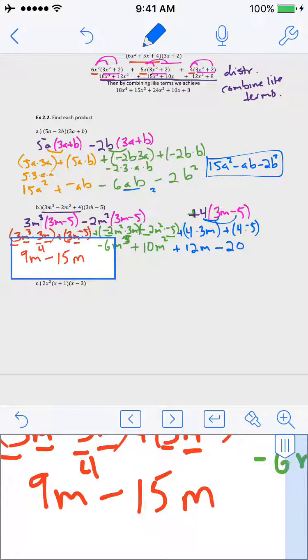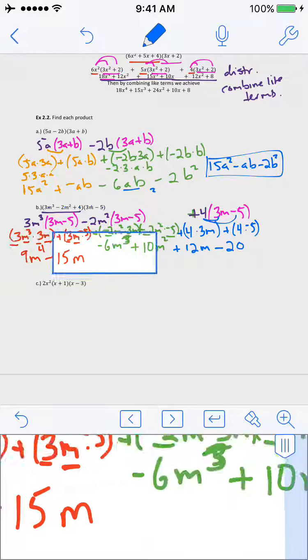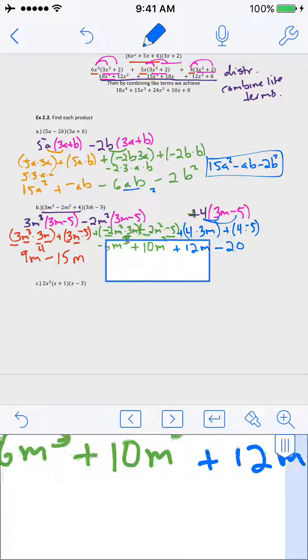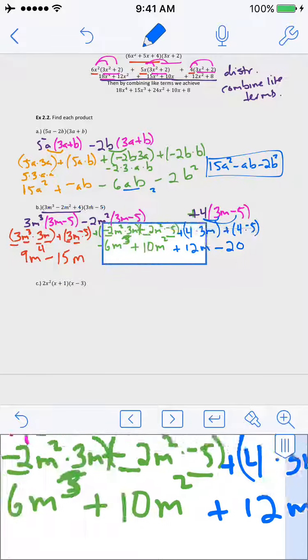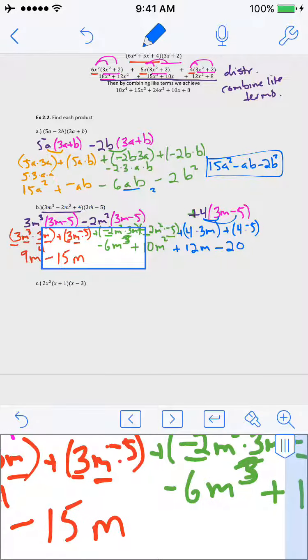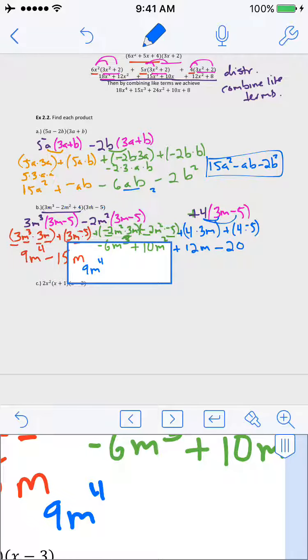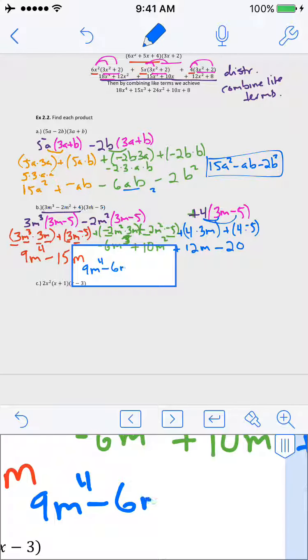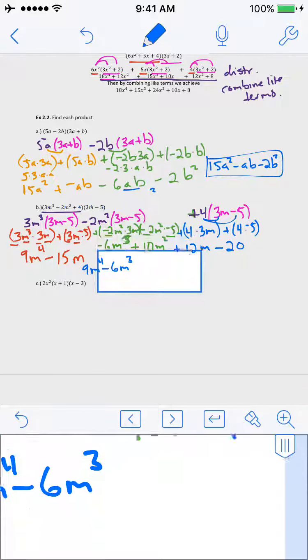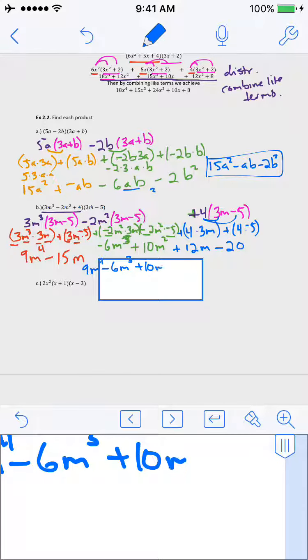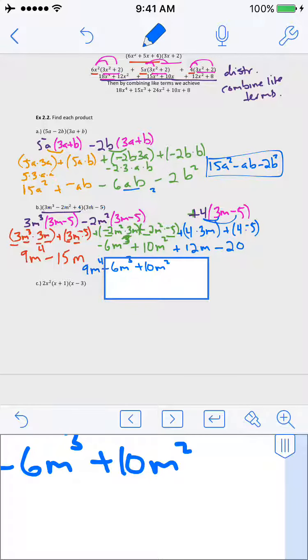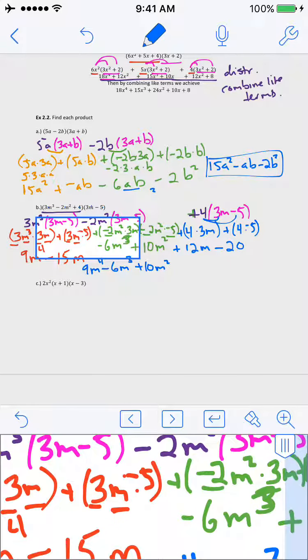So I've got 9m to the 4th, minus 15m, 3rd, 2nd. Okay, I've got 2 m's. I can see that, but it looks like everything else is just a singleton. So let's do 9m to the 4th, minus 6m to the 3rd, plus 10m squared. Ooh, somebody caught me.